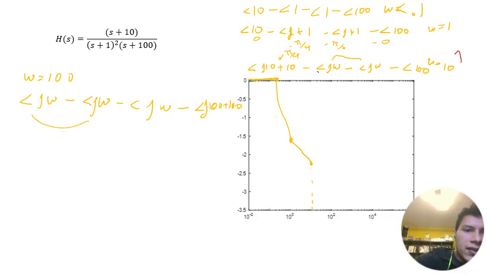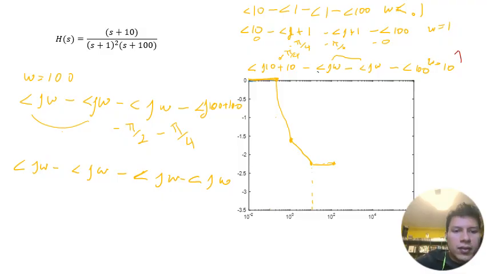So the 2 cancel, negative pi over 2 minus pi over 4. So at 1,000 we're going to be basically constant. And then finally, whenever it's bigger, we're going to have j omega minus j omega minus j omega minus j omega. So these two will cancel, and you're going to be left with 2 of them. So we're going to be at pi, somewhere around here. That's at 1,000. So it's going to look something like this.